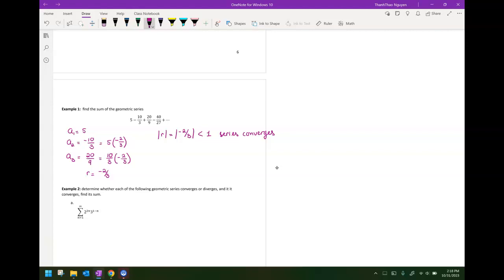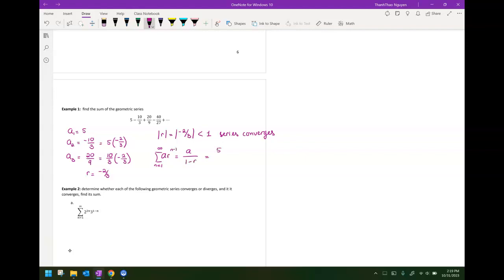And since the series converges, I can use the formula for the sum to find the sum of the geometric series. So if a series converges, the sum of the geometric series is equal to a divided by one minus r.